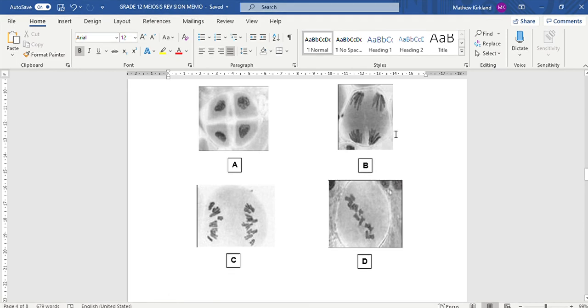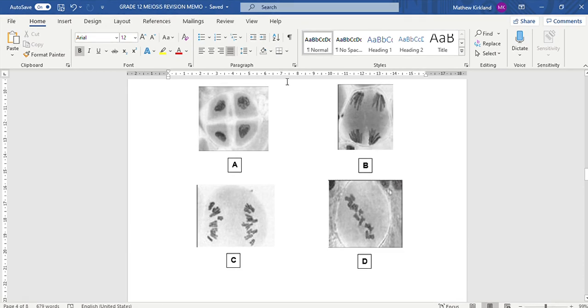What is picture B? Well, we can see that there's 4 sets of chromosomes. Right, so I've got 4 cells here and I've got 4 cells here, so they can't be the same phase, so clearly they must be different. Well, if you notice in this picture, the nuclei are starting to reform. It looks like a normal cell, whereas in this picture, you can still see the chromosome structure, you can see them being pulled.